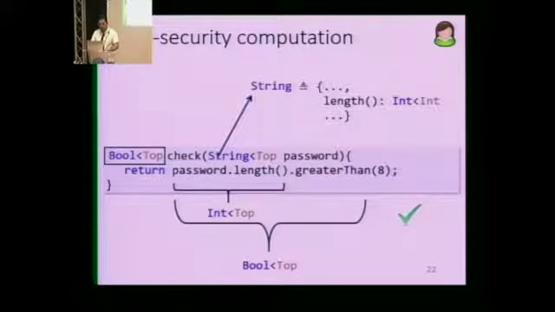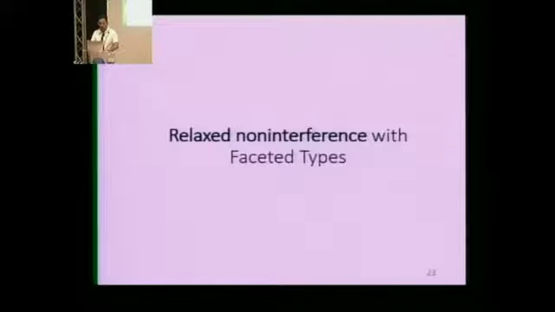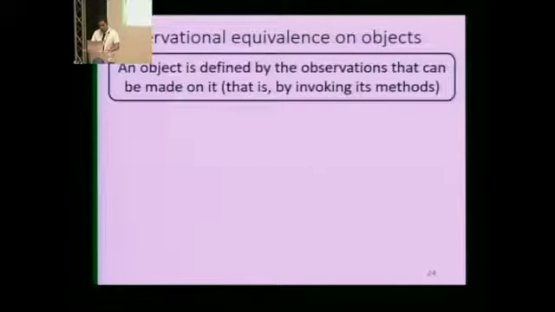So with this notion of facet type, we can express our security property, which is basically a realized version of non-interference. So we define that security property using an observational equivalence on objects. Basically, an object is defined by the observation that can be made on it, which is basically invoking its methods.